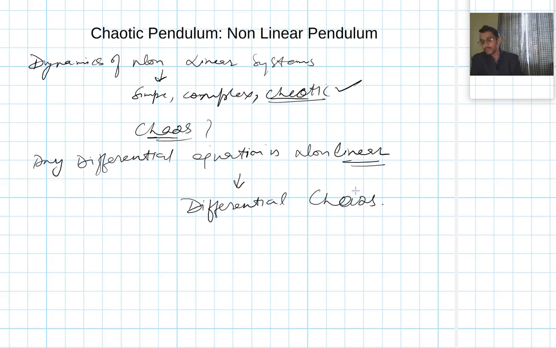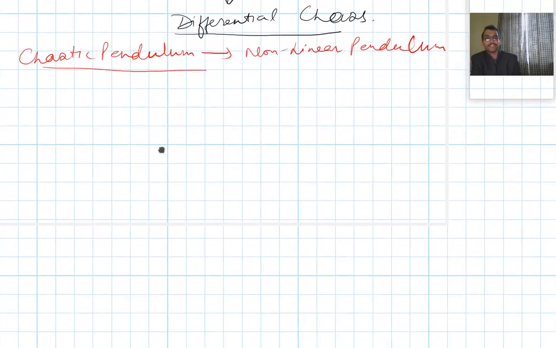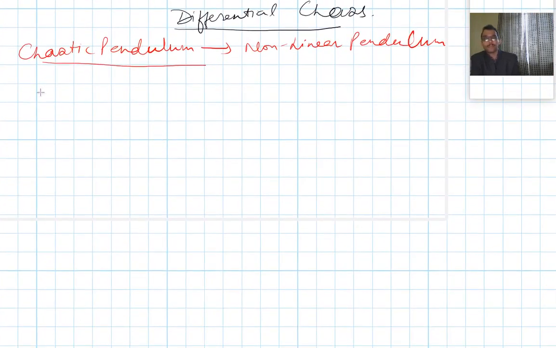So to understand the idea of this nonlinear differential equation or the differential chaos, let us take an example of the chaotic pendulum. Sometimes people call it the nonlinear pendulum. To give its idea, I will start with a very simple concept, that is the simple pendulum, and then switch over from here to the chaotic pendulum.